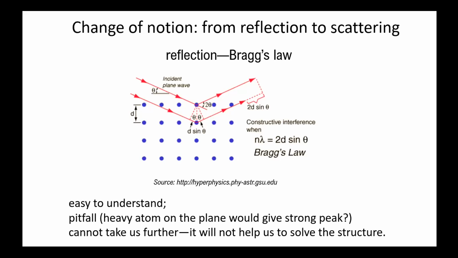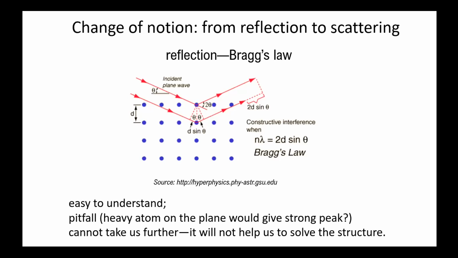When they are constructive, then you would have the peaks. And then you can use this kind of simple geometry argument to derive Bragg's law and say, okay, then we know how the d-spacing is related to the Bragg peak position.